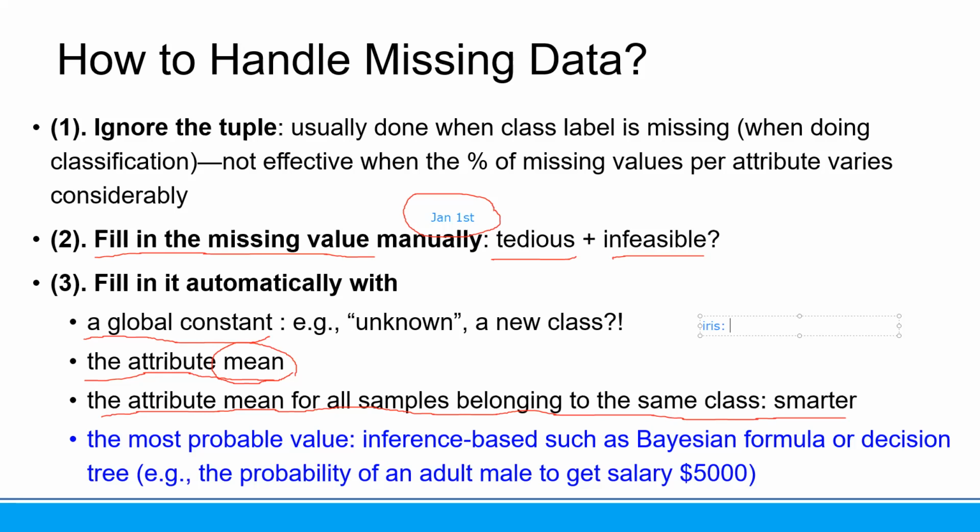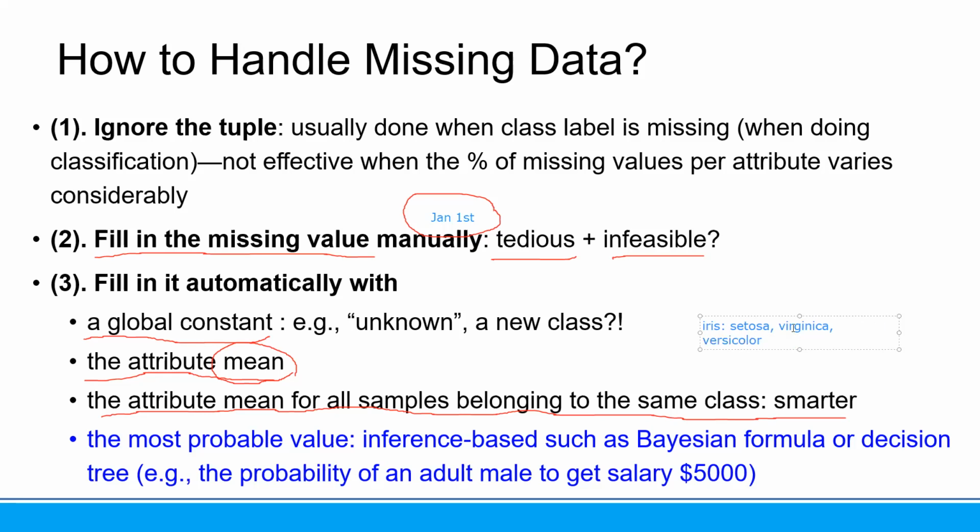We have Setosa, then Virginica, and then Versicolor. That's good, thank you. So we have 3 classes.